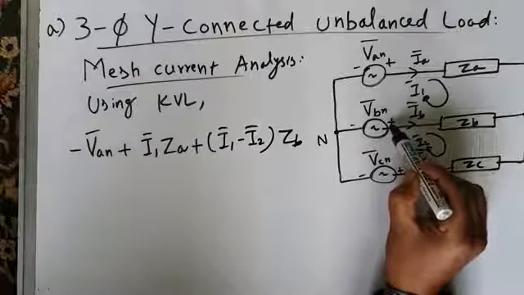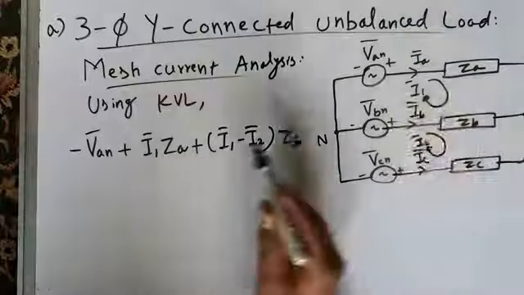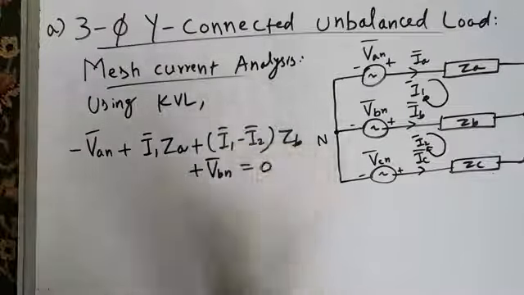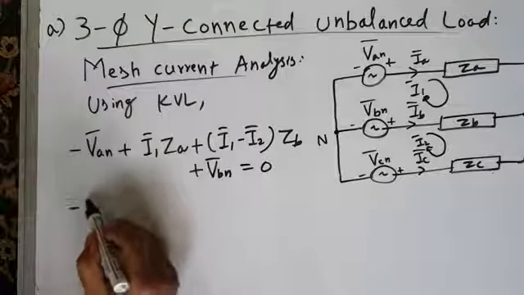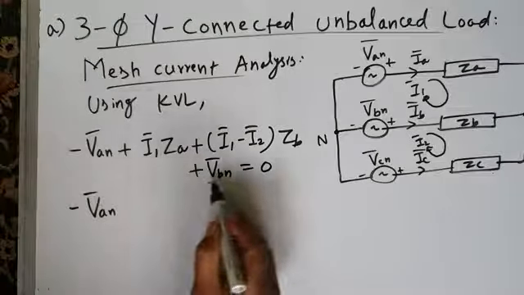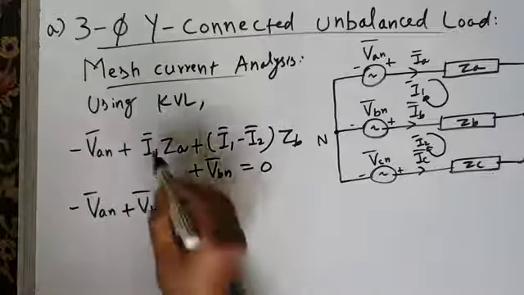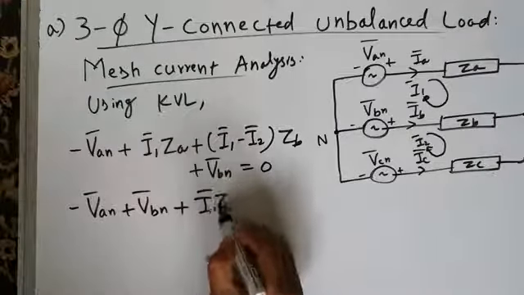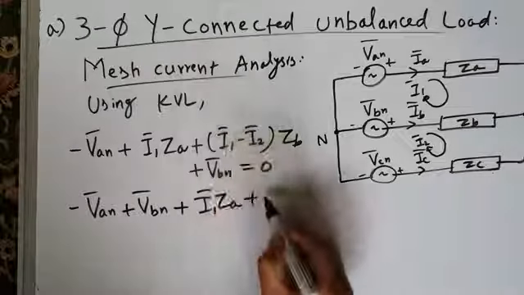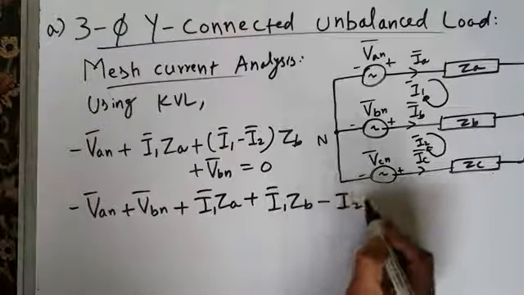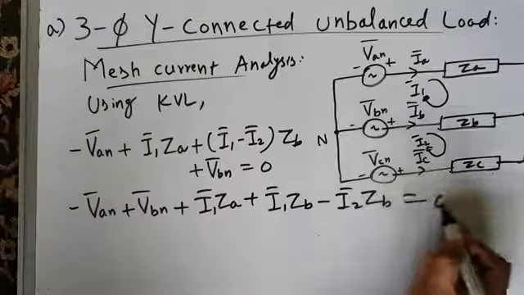And then plus this voltage. We are going from positive to negative, so we have to take this positive. Plus VBN is equal to 0. Okay. Let us solve it. Minus VAN plus VBN plus I1 ZA plus I1 ZB minus I2 ZB is equal to 0.